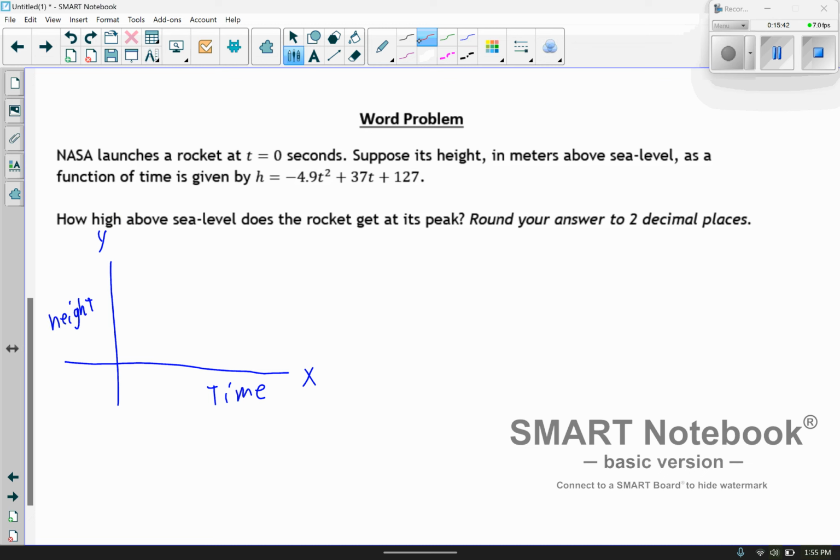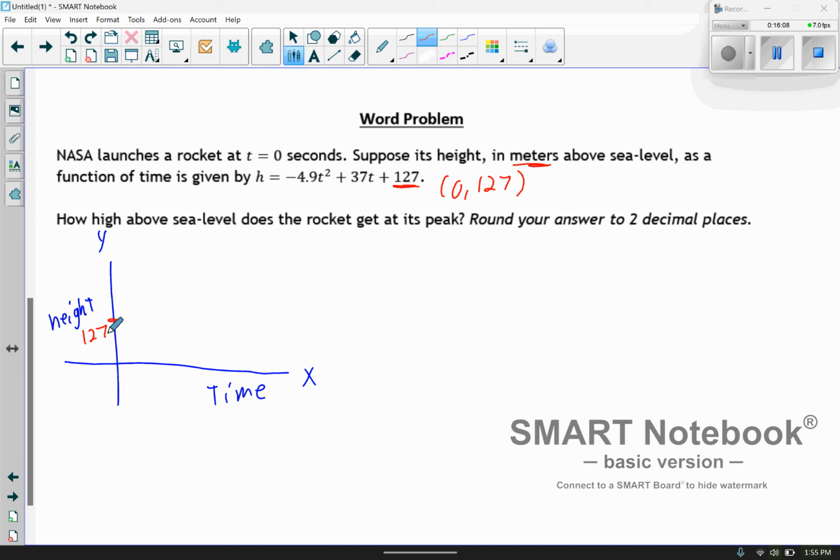At 0 seconds, before we even shoot the rocket off, we're at a height of 127 meters above sea level. I don't know exactly where we are, but I know that we're starting out above sea level.